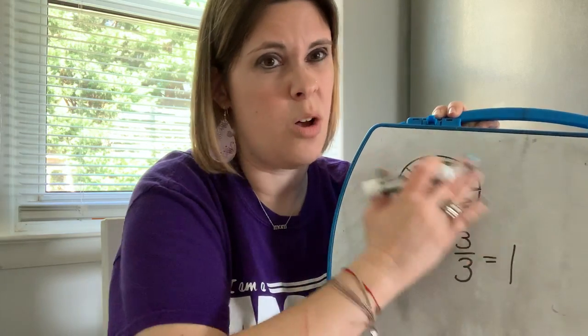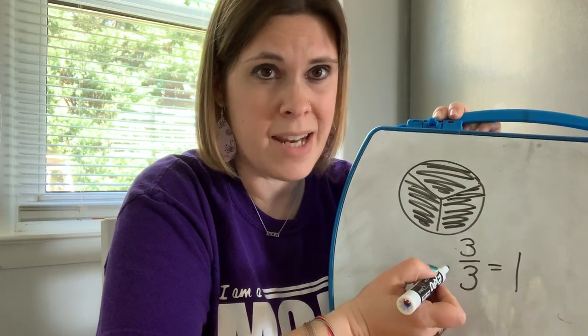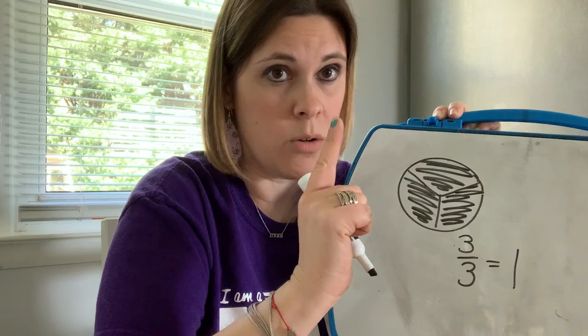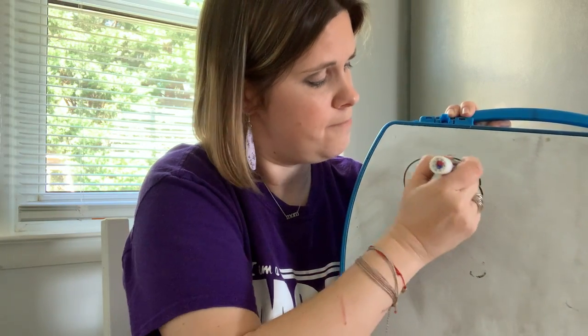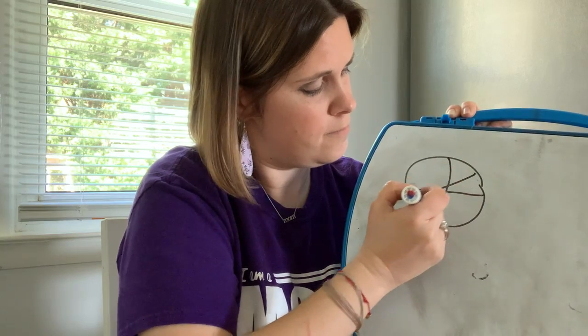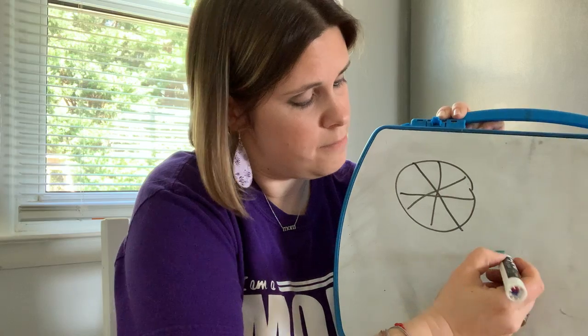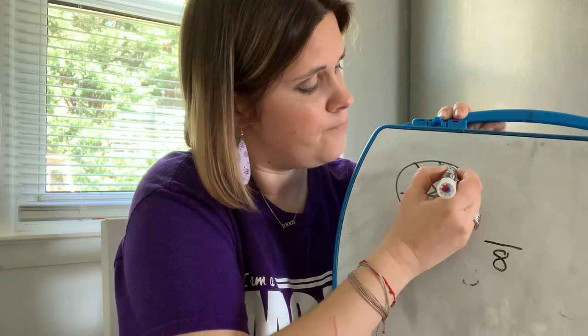So we know that we've got a whole number here. When the numerator and the denominator are the same number, you have 1 whole. So if I was to go ahead and have a pizza, split it into 8 equal slices. My denominator is 8.